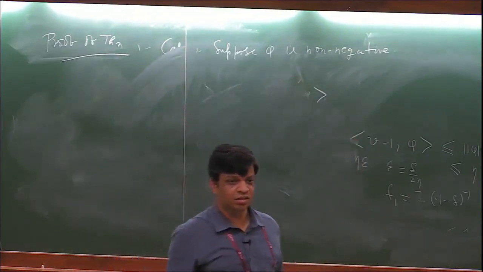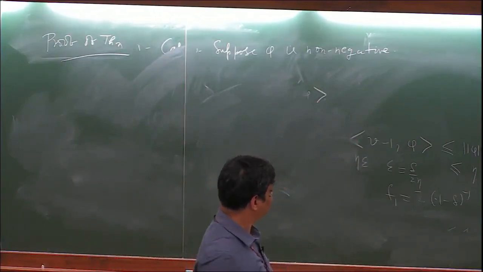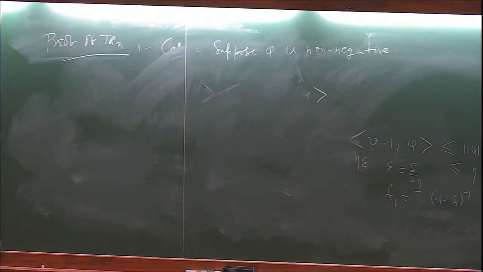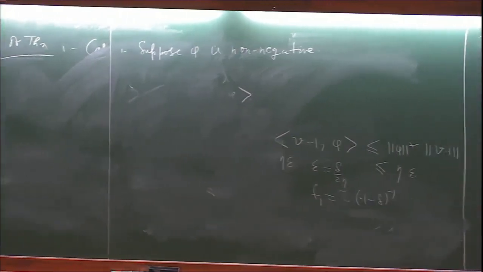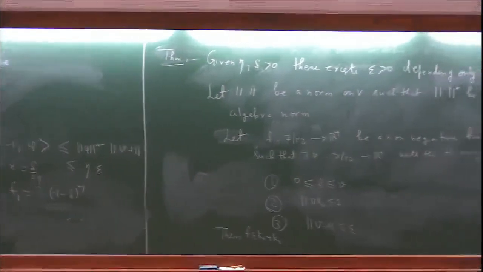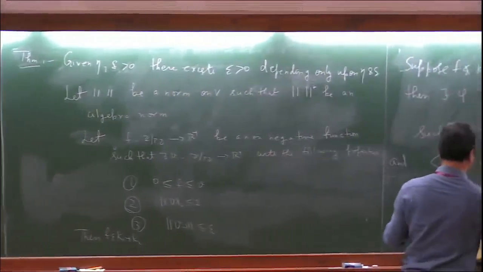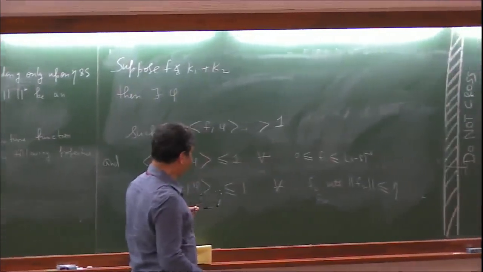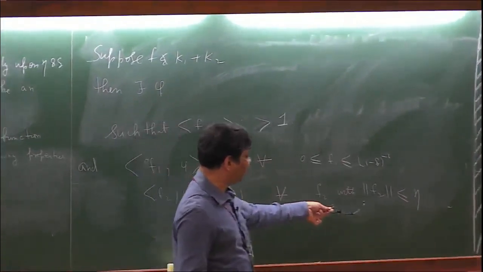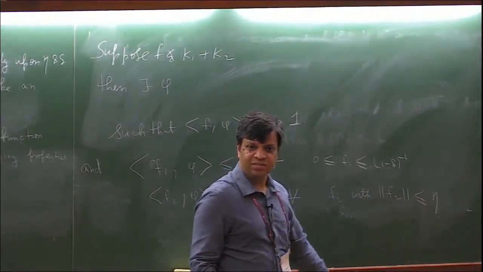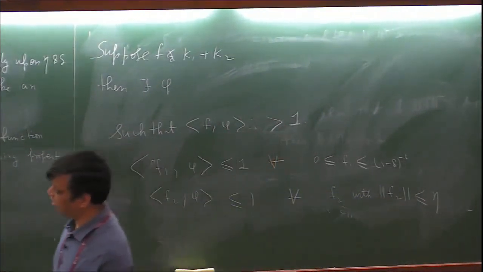Sorry? This condition is equivalent to saying that the dual norm of phi is less than or equal to eta in this corollary, because what is this condition meaning? F2 phi is less than or equal to 1 for all F2 with norm F2 less than or equal to eta, or maybe eta inverse, sorry.